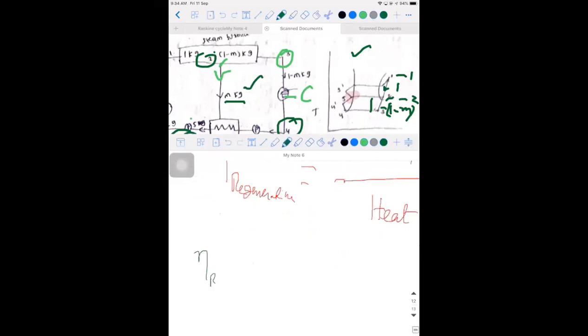I'm not writing the full name. Eta R means eta regenerative. What is the WT? I am writing the formula once again, only for understanding purposes: H1 minus H2 plus (1 minus m) into.